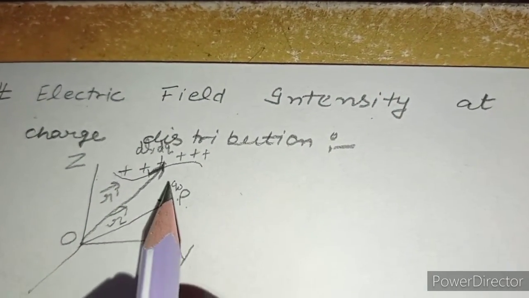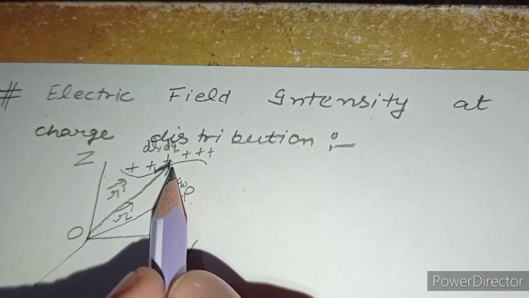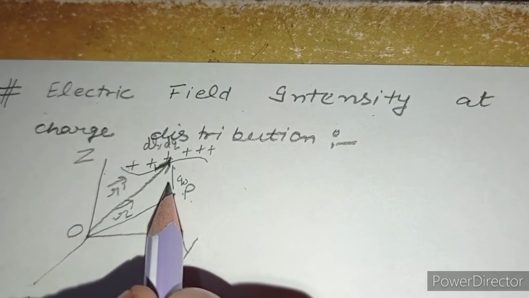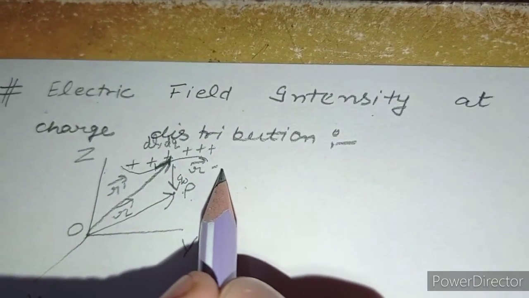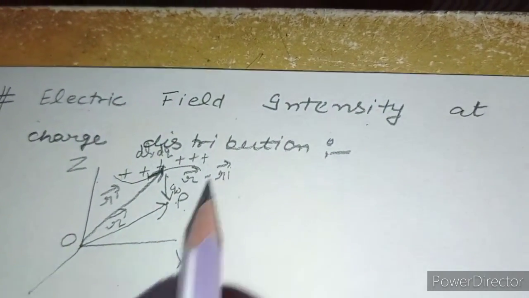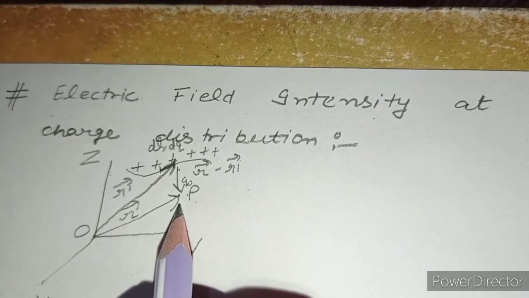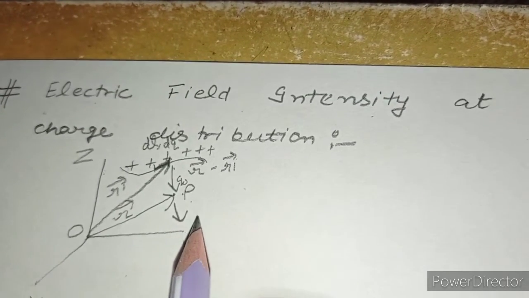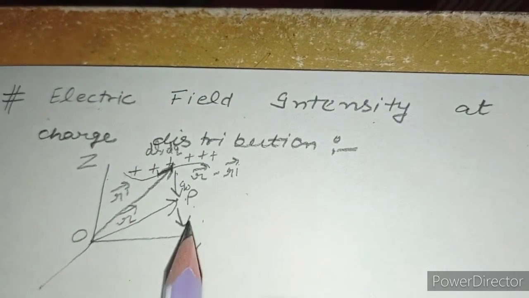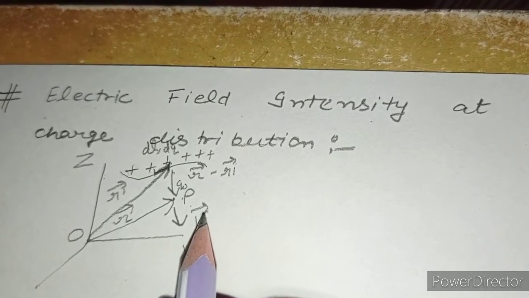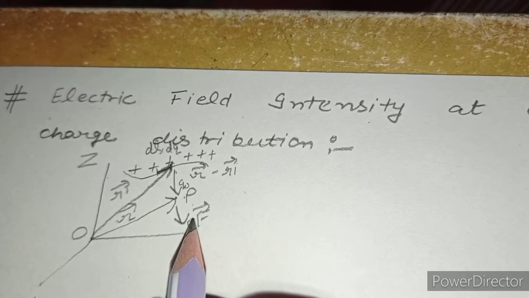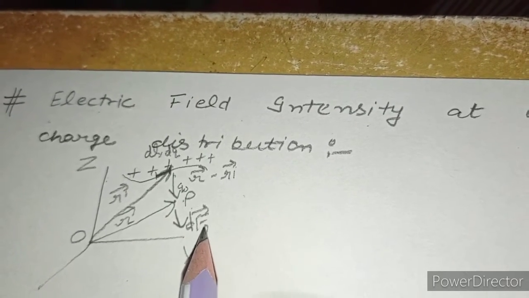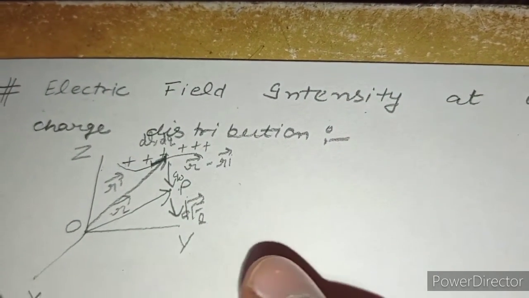According to the triangle law of vector addition, this vector will be equal to r vector minus r dash vector. There will be a force on the test charge due to the linear charge distribution. Due to the small element, the force will be dF_L, where L means linear charge distribution.